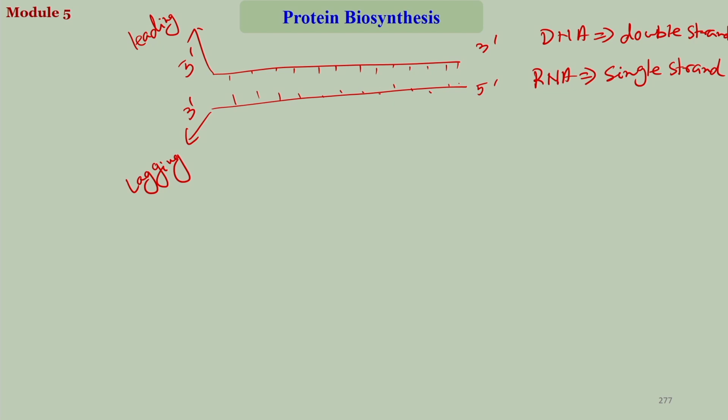I have also maintained throughout this course that whenever you want to present the sequence of a DNA, you just write only the 5 prime to 3 prime direction sequence, and that is enough. You do not have to write down the sequence of the lagging strand, because once you write this sequence, the other strand is already implied. That is the usual practice for biochemists.